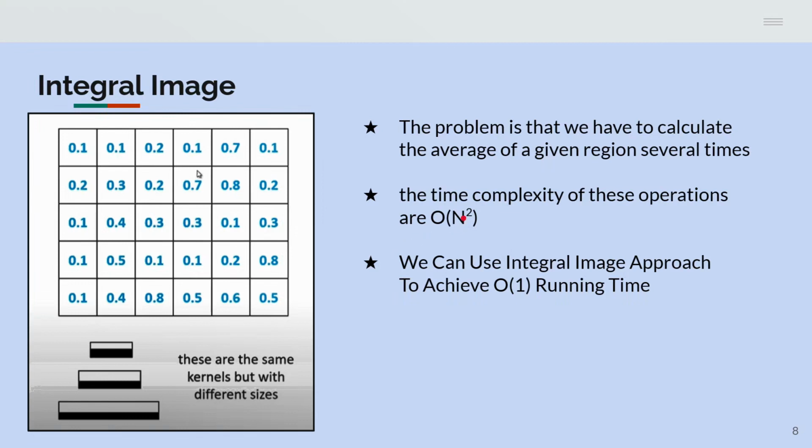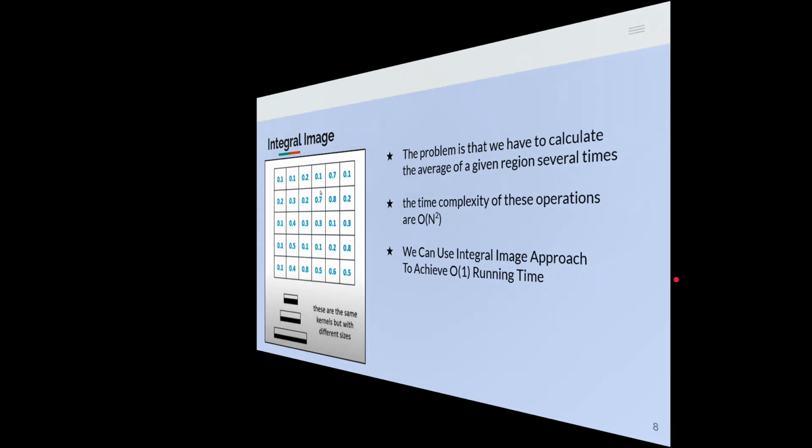You'll have to do a lot of computations for detecting those Haar features. So how do we tackle this problem? The way we tackle this problem is by using integral image. In a further slide we'll talk more about integral image.